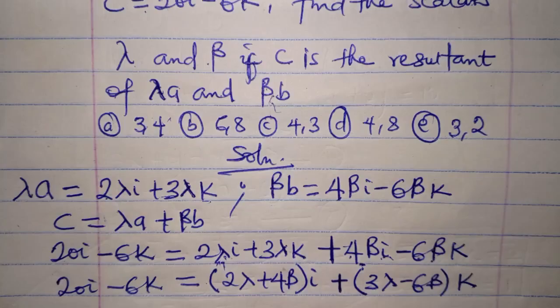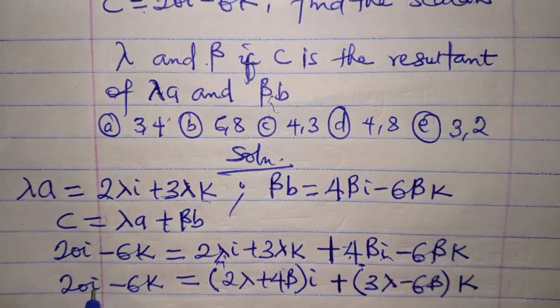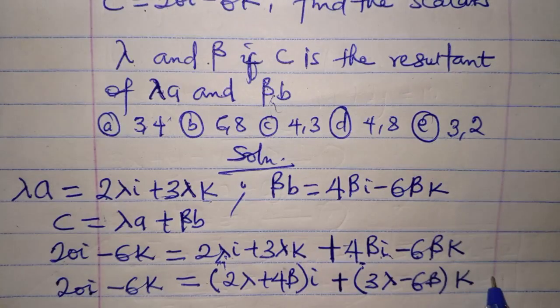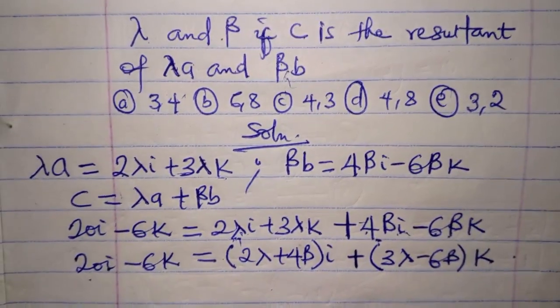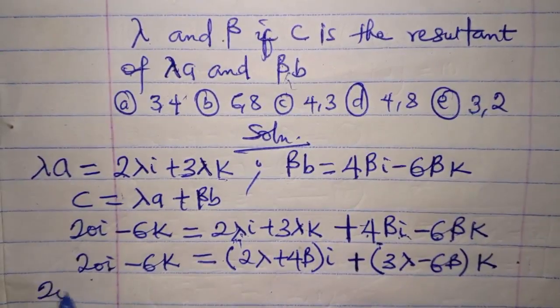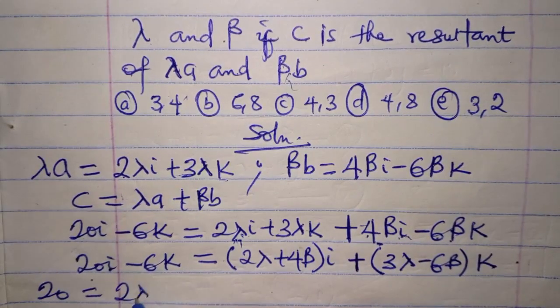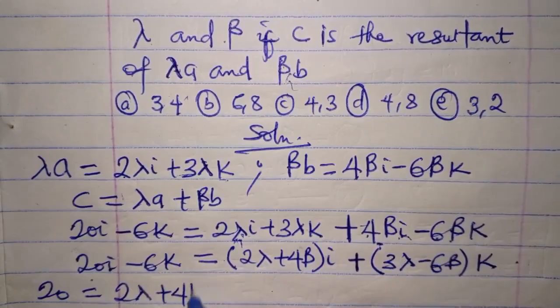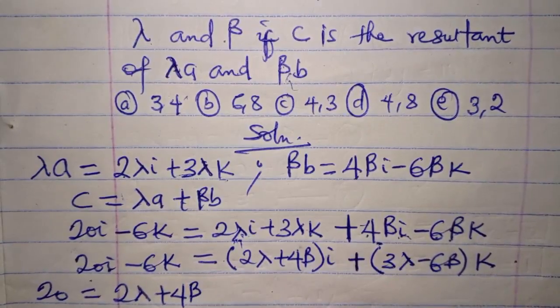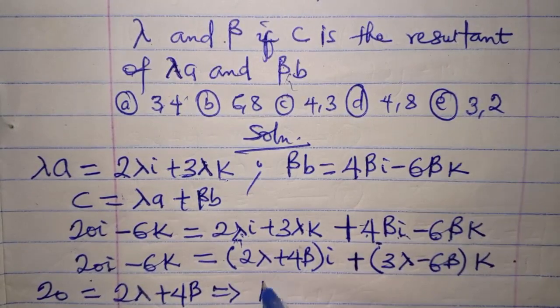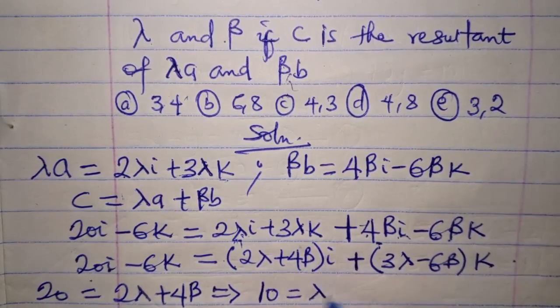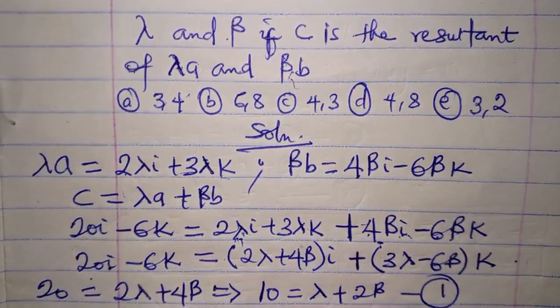The coefficient of i here is equal to the sum of the coefficient of i at the right hand side. So 20, which is the coefficient of i, is equal to 2 lambda plus 4 beta. And if I reduce this, dividing both sides by 2, we have 10 is equal to lambda plus 2 beta. Let's call this equation 1.